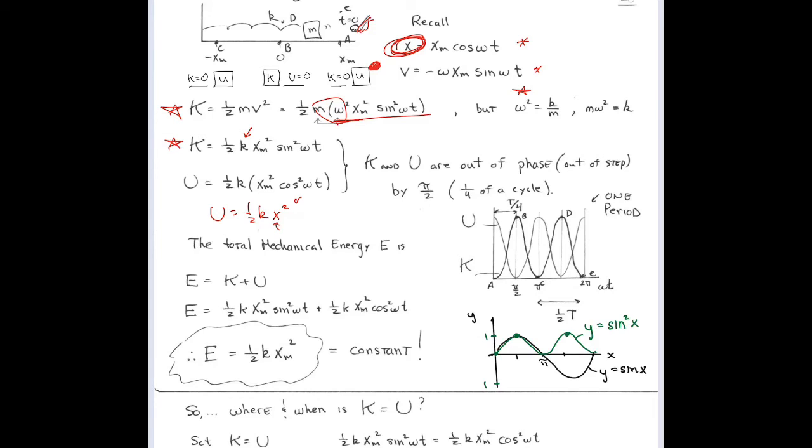So if I graph the potential and the kinetic, here's the hard part. Let me look at the kinetic energy. Kinetic energy goes as sine squared. The black line here is y equals sine x, so it goes from a maximum of 1 to a minimum of minus 1, and so on.